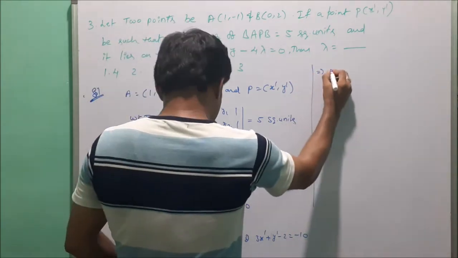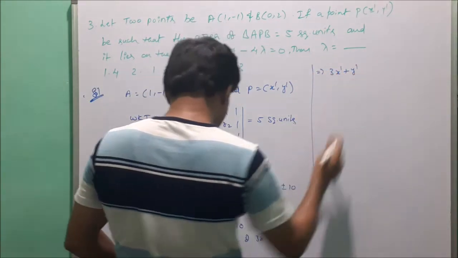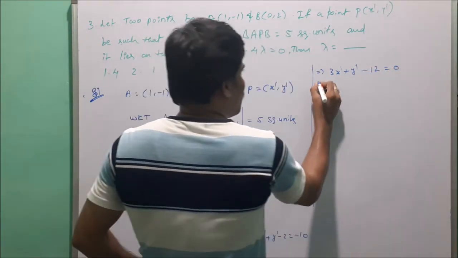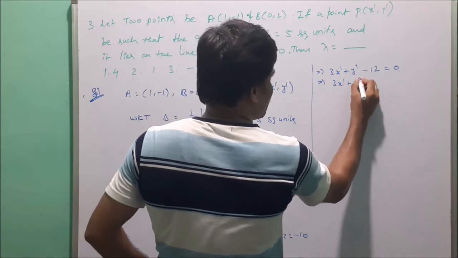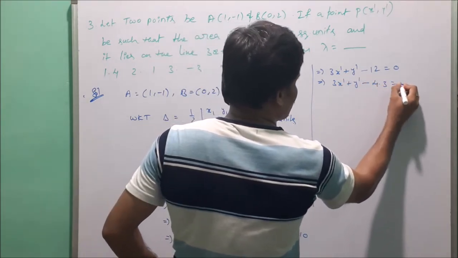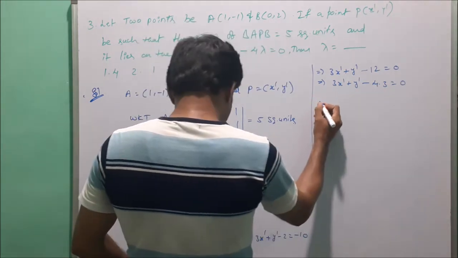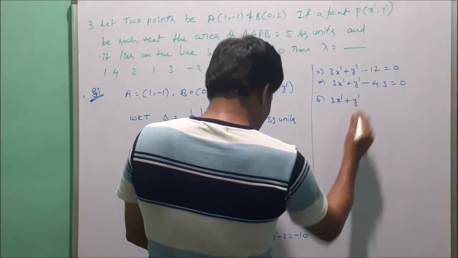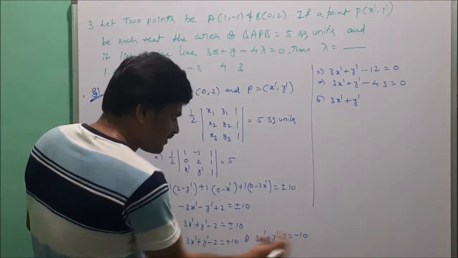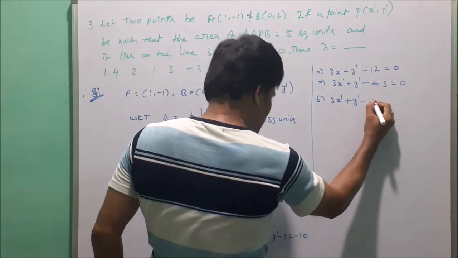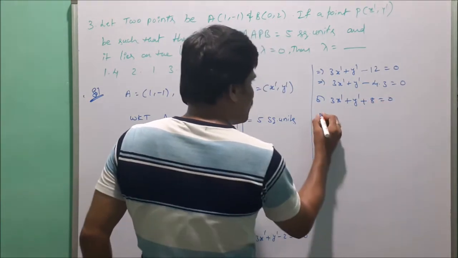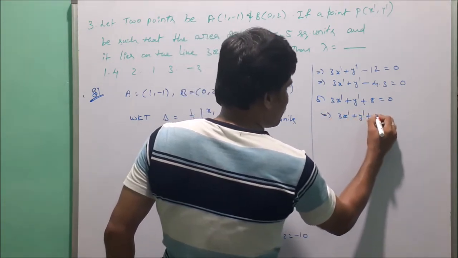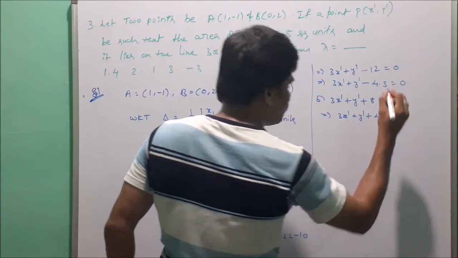Now this is 3x dash plus y dash minus 2 minus 10, minus 12, equals 0. Here we can write 3x dash plus y dash minus 4 into 3 equals 0. And for 3x dash plus y dash minus 2, taking minus 10, minus 2 plus 10, so plus 8 equals 0. Here also we write 3x dash plus y dash plus 4 into 2 equals 0.